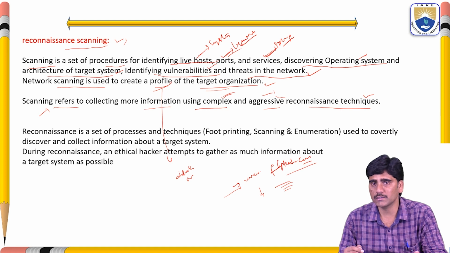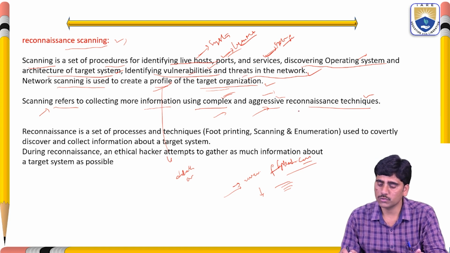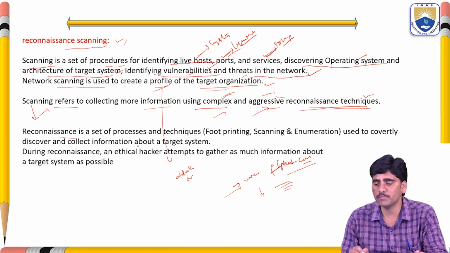Some display somewhat complex data. And some are used for displaying all the different types of data, which are used to find out the vulnerabilities or threats. So these are all the different types of techniques, named as scanning. From this scanning, reconnaissance is also one term for the procedure of scanning.